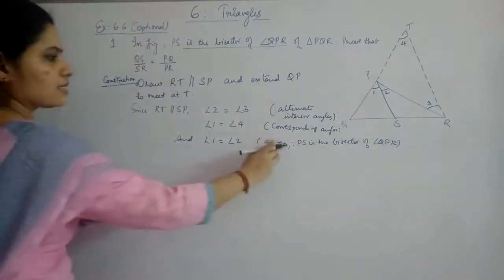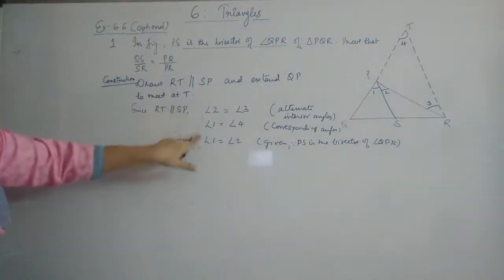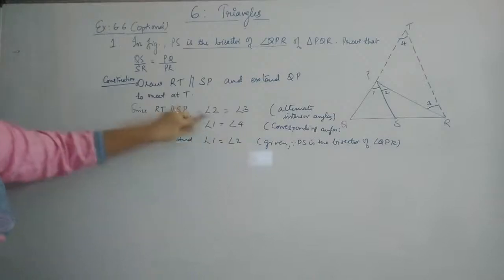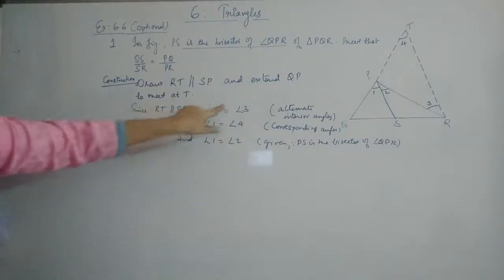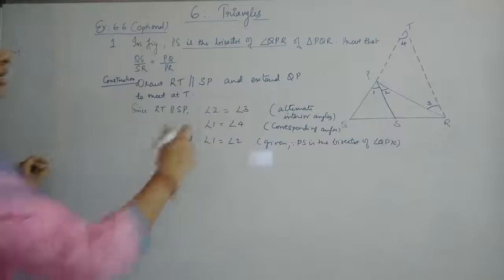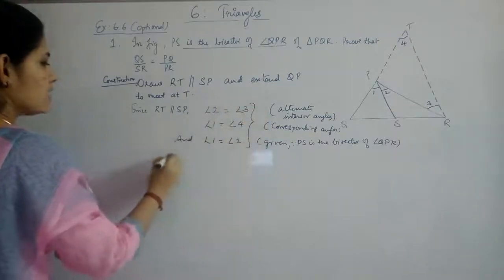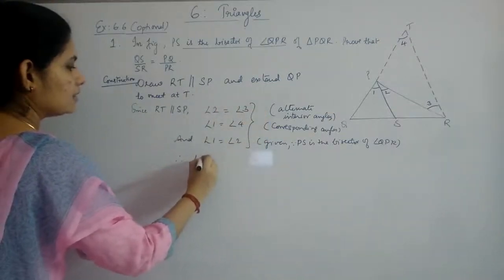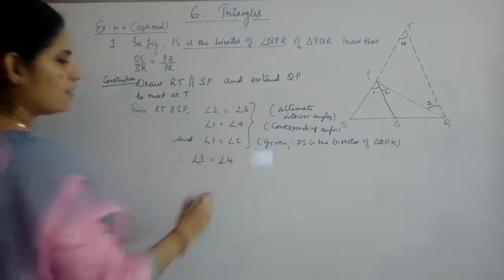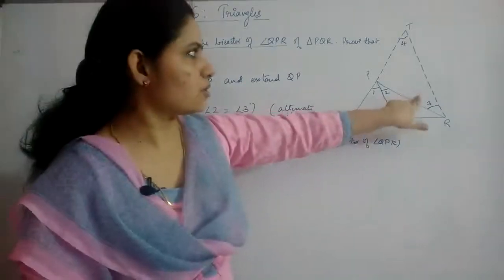Now you can just see all the things. Angle 1 is equal to angle 2, so from all these three concepts, we will get angle 3 is equal to angle 4.